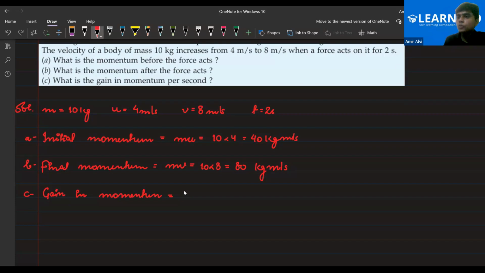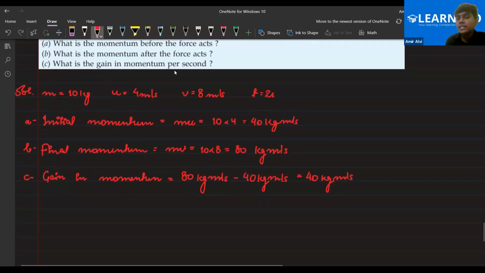That is the number the body has achieved, yes or no. So that is equal to 80 kg meter per second minus 40 kg meter per second, which comes out to be 40 kg meter per second in 2 seconds basically.